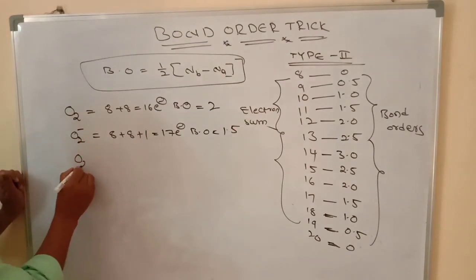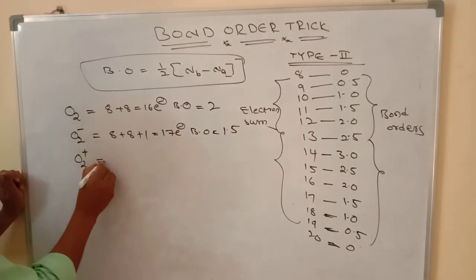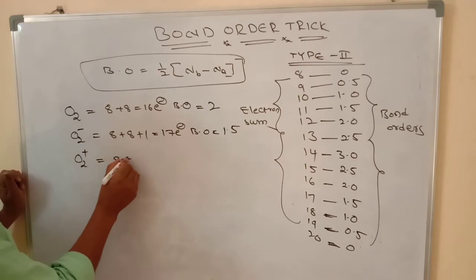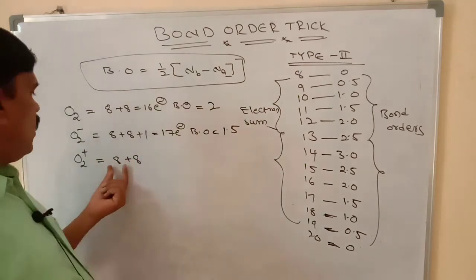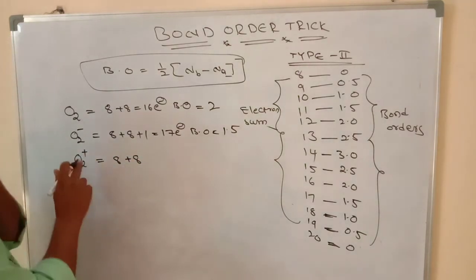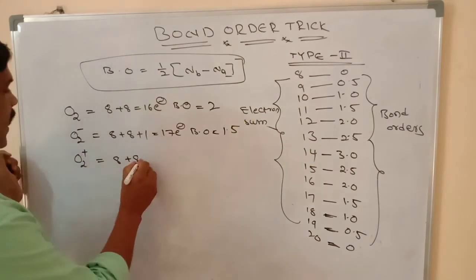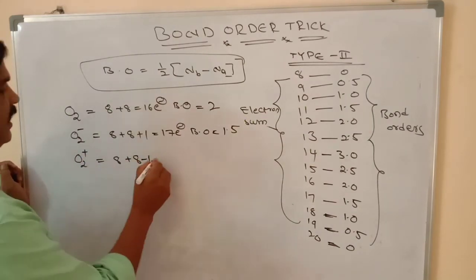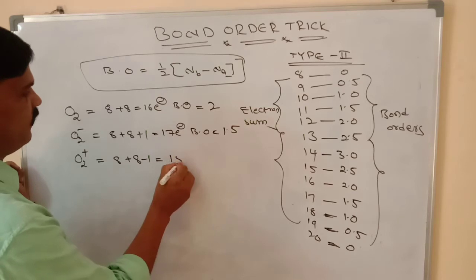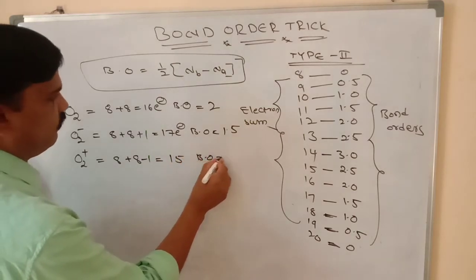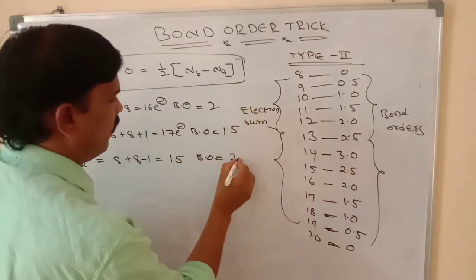For O2 plus, 8 plus 8, and the positive charge eliminates one electron, so 16 minus 1 is 15, and the bond order is 2.5.